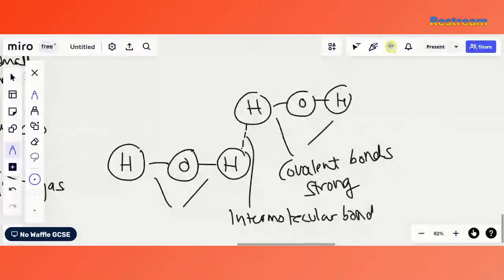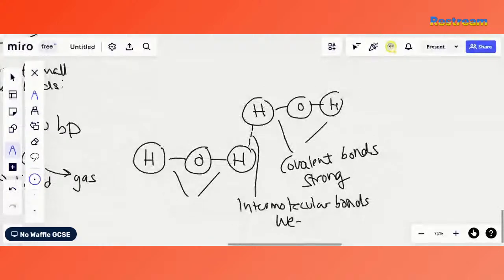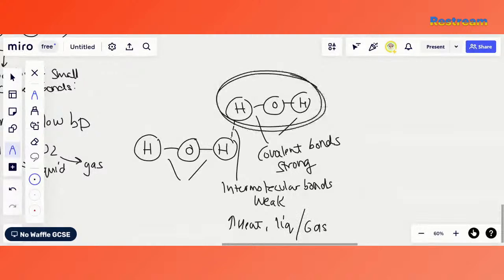And these intermolecular bonds are very weak, which means that because they're very weak, when there's heat applied, it very easily breaks apart into a structure that's normally a liquid or a gas. But it doesn't mean that the molecules themselves are weak. It's more the bonding between the molecules that is weak. I hope that makes sense.